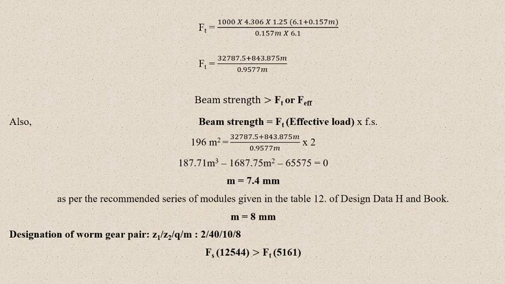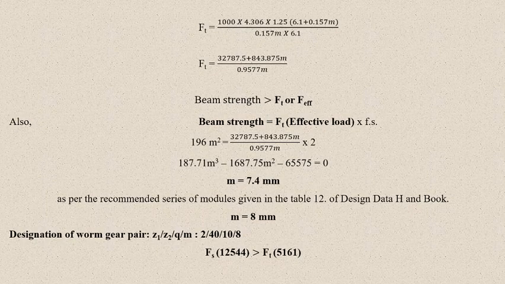You will get this relation, that is beam strength should be greater than effective load. Or I can say, you can use this relation, beam strength greater than effective load, and we can write this relation as beam strength is equal to effective load into factor of safety.